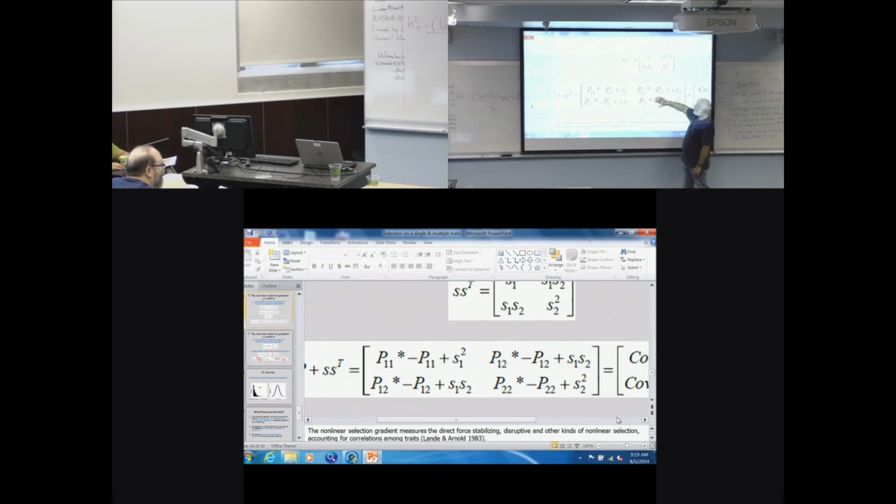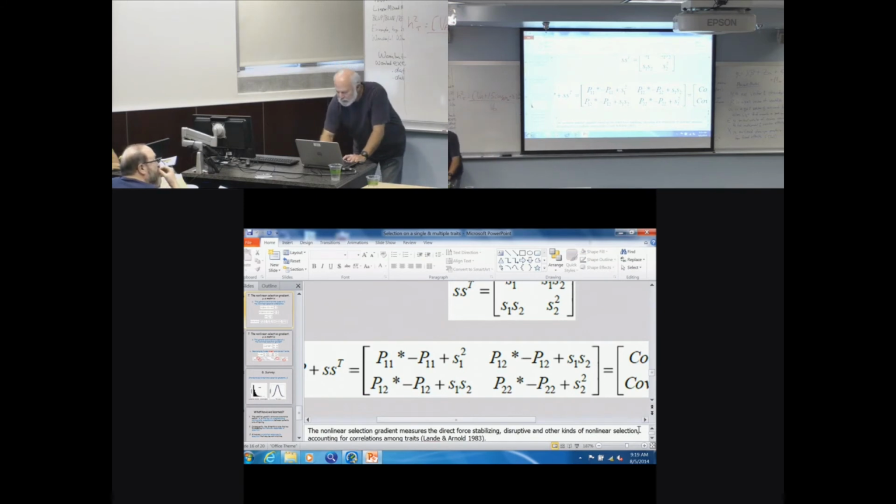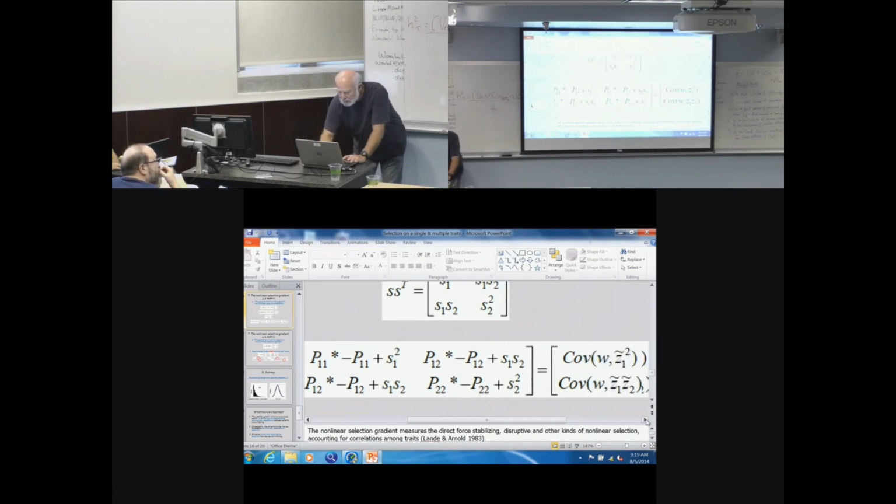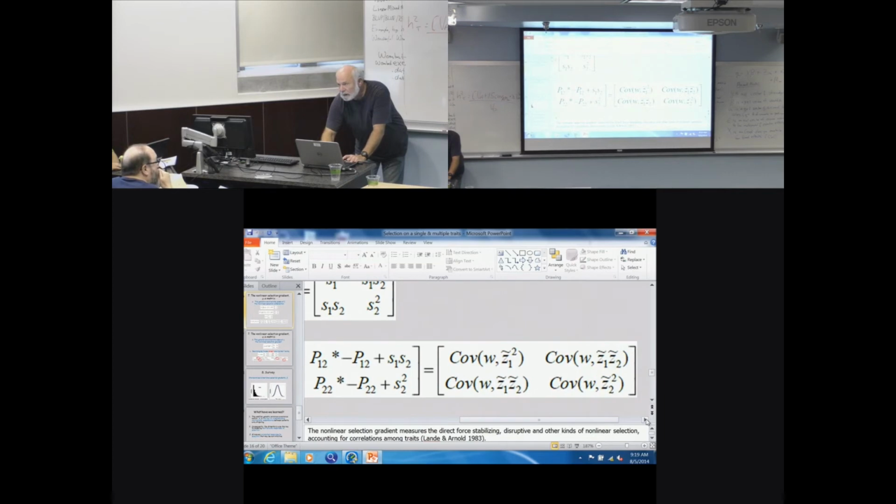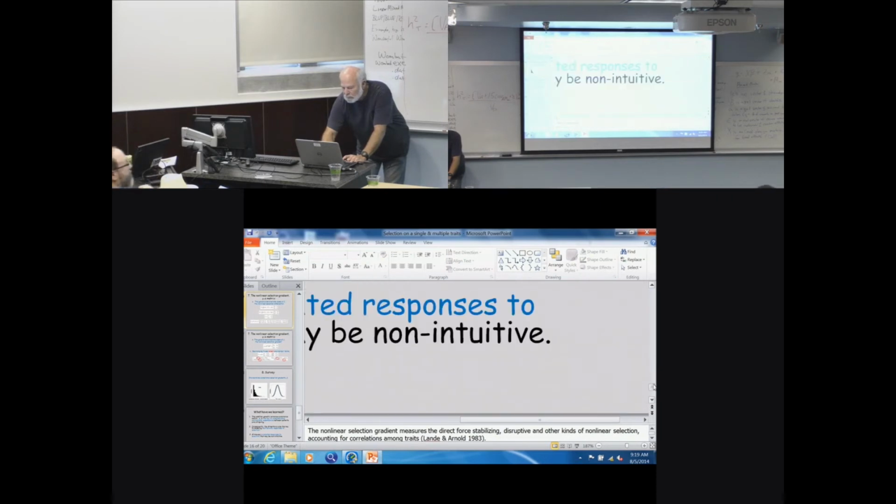It's analogous: the covariance after selection minus the covariance before selection, and then a correction term for how much the covariance was changed by linear selection. It's now a product of two selection differentials. We could have anticipated that coming. And the point of doing that is that now we have C as a matrix of covariances, which is going to be important to us.